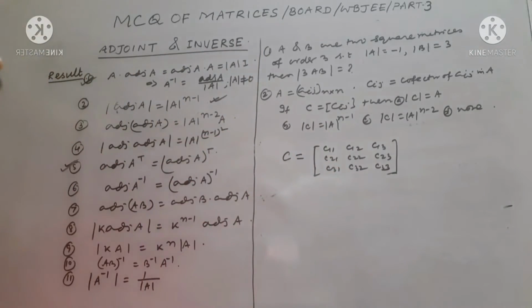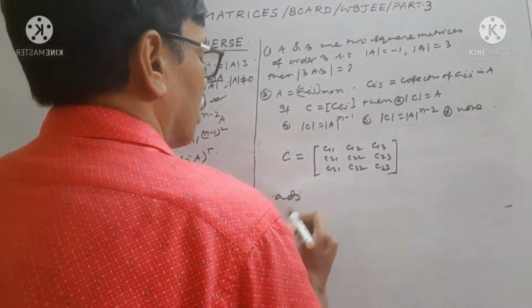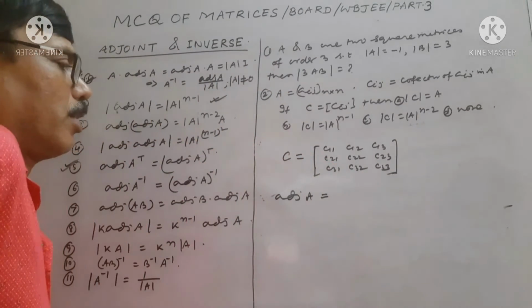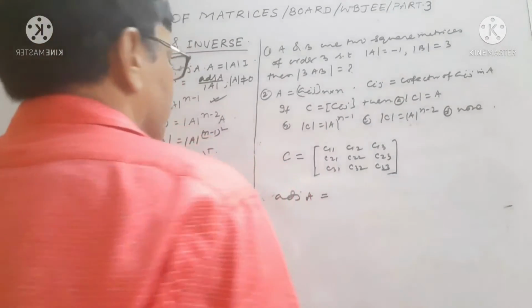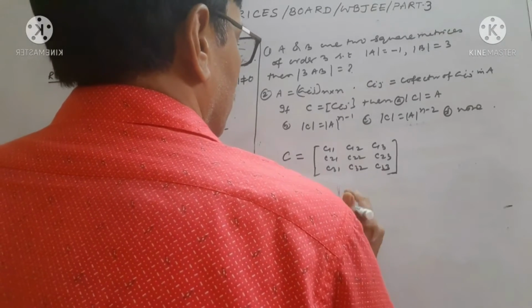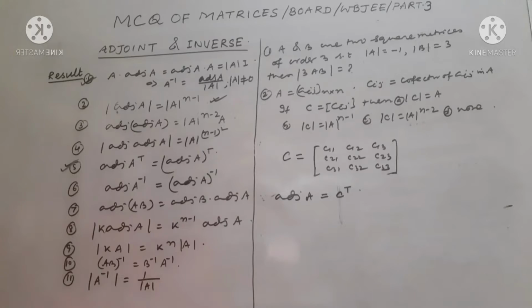So this is the cofactor matrix. Now what is adjoint of A? Adjoint of A equals the transpose of the cofactor matrix. That is C transpose.